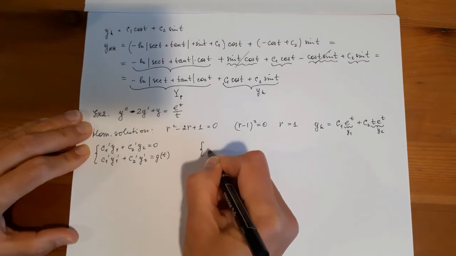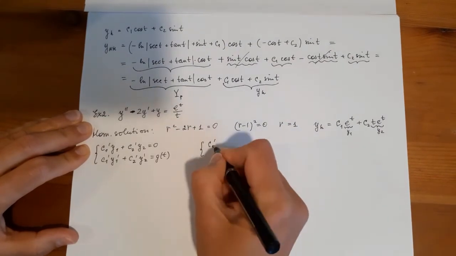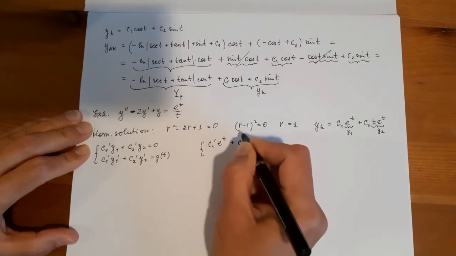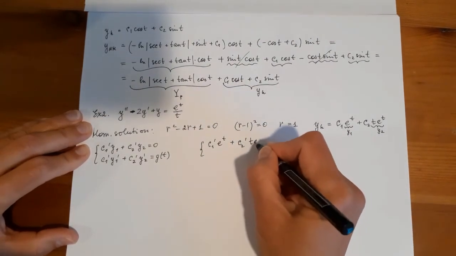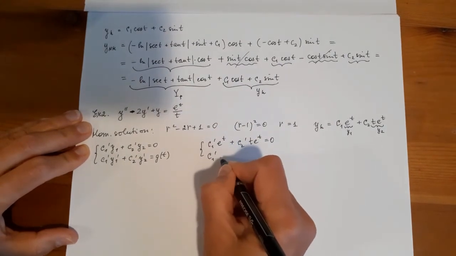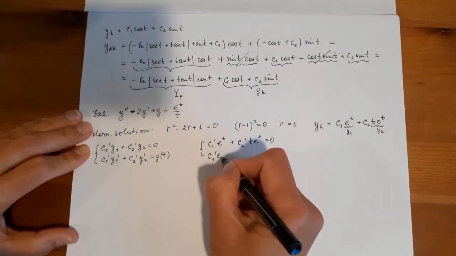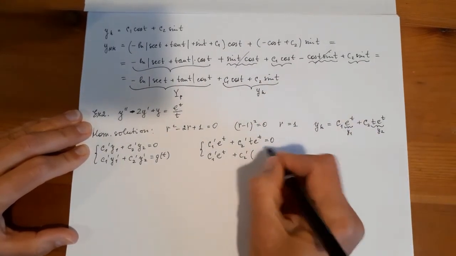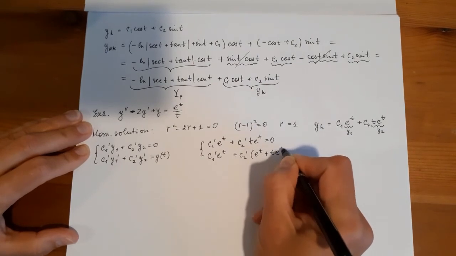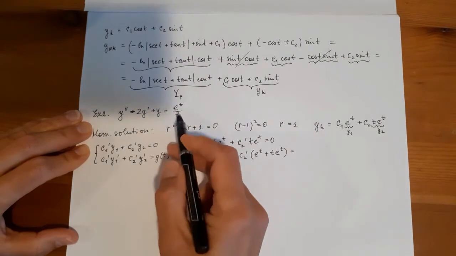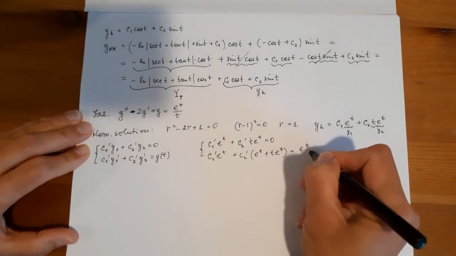So I'm going to substitute c1 prime y1, which is e to the power of t, plus c2 prime y2, where y2 is t e to the power of t, supposed to be equal to 0. c1 prime, the derivative of this is still e to the power of t, c2 prime, product rule. So I differentiate first t, it's e to the power of t, and then differentiate e to the power of t, and that equals g of t, my function on the right side.